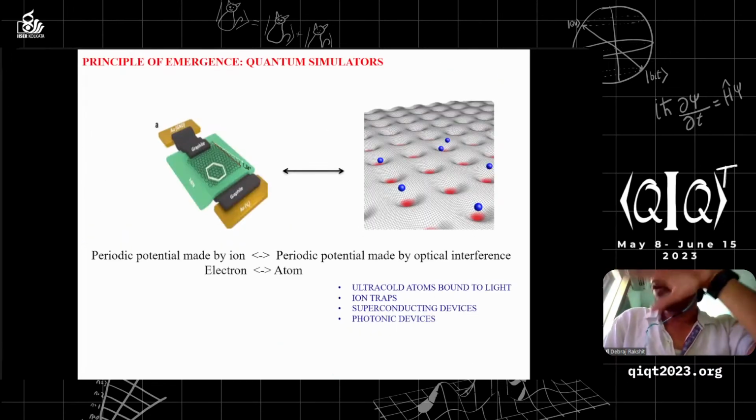So why are we interested in this? Let me again stress that here you have precise control over everything. You can control your tunneling, and you can control the interaction between the atoms. It can be very precisely controlled.